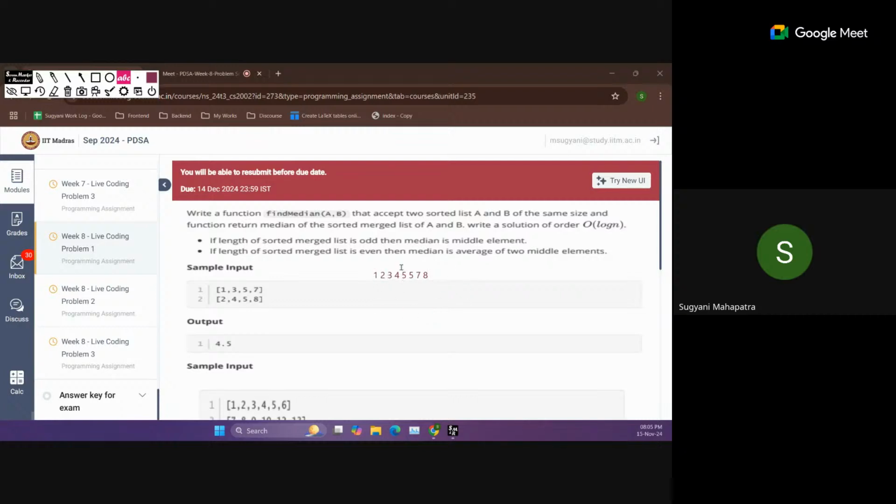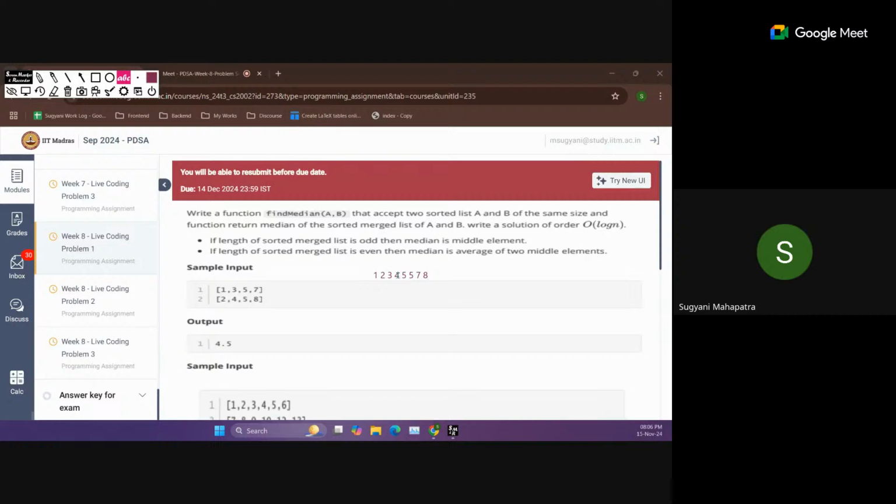Now, what is the middle element of this merged list? Or what is the median? How do you calculate the median? If the list has an odd number of elements, then it will be the middle element, whatever is at the n by 2 location.